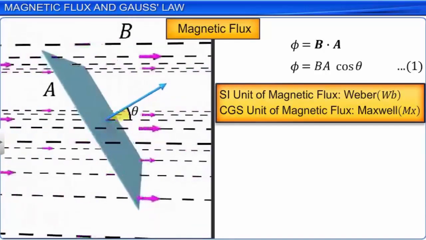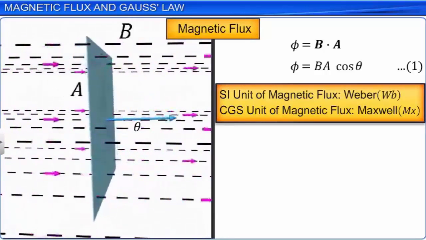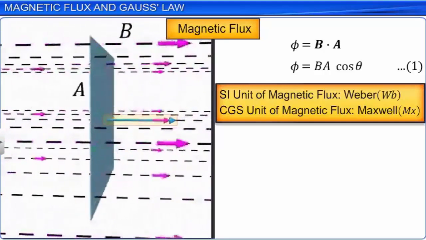Maximum magnetic flux passes through a given area when the area vector and the magnetic field are in the same direction. That is, the angle between the plane of the given area and the magnetic field is 90 degrees. The angle between the area vector and the magnetic field, theta, is equal to 0 degree. Cos 0 degree is equal to 1.